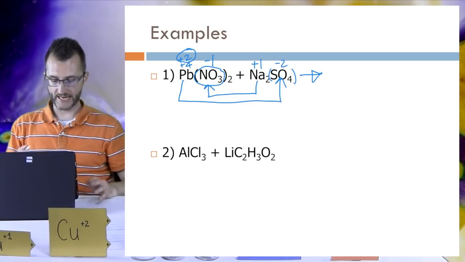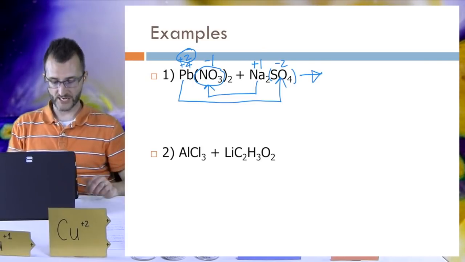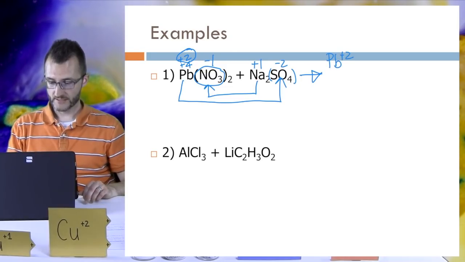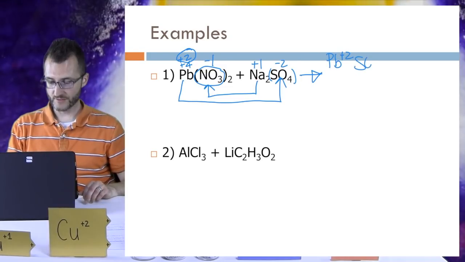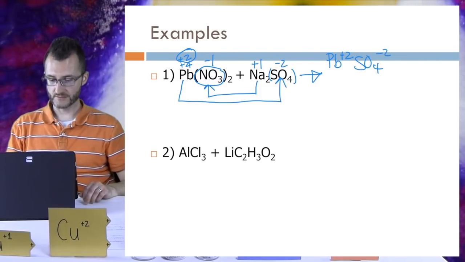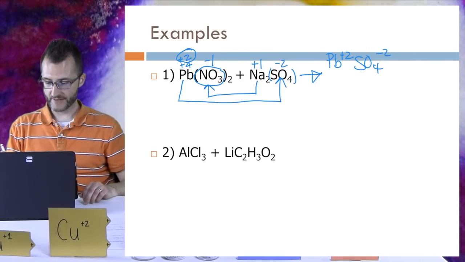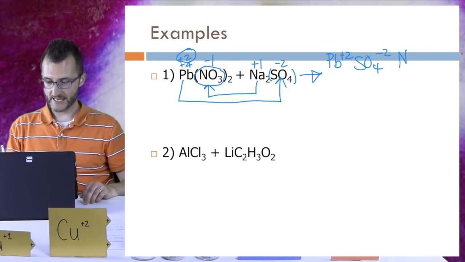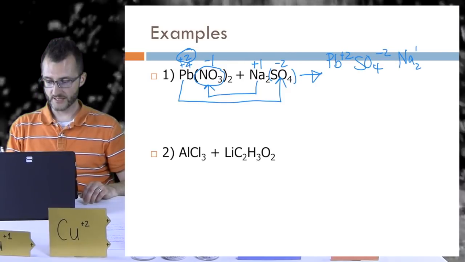I want to show my work to put the charges together. I've got Pb +2, and SO4 -2. And then I've got Na2 +1?